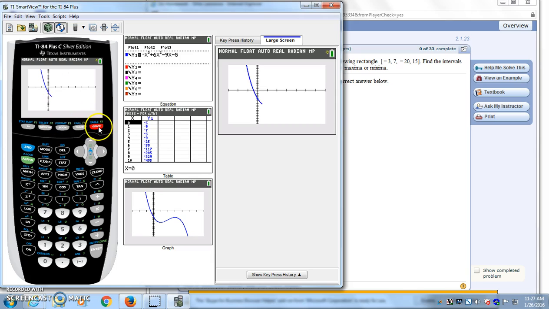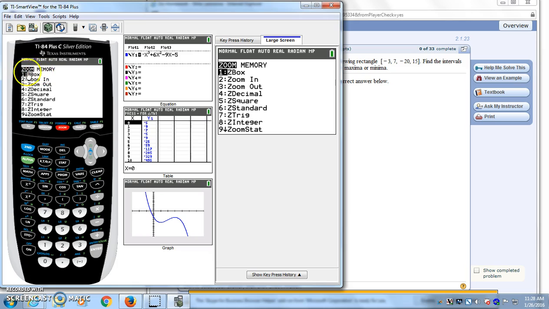Now, the difference between the graph button and the zoom button is under the zoom button, there are a bunch of preset windows. So there is zoom decimal, zoom square, zoom standard, zoom trig, zoom integer, zoom stat, and there's some more. So those are all a bunch of preset windows.